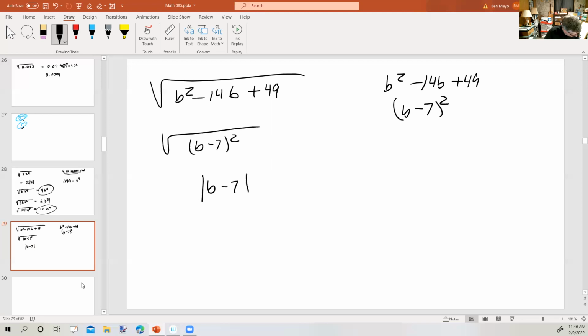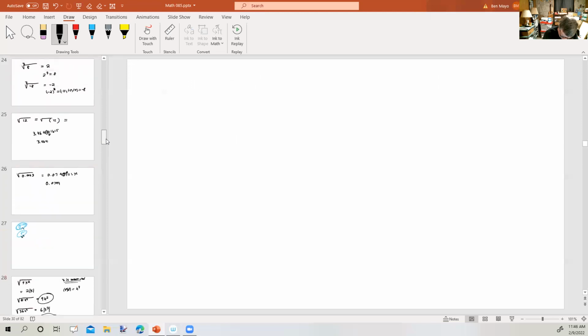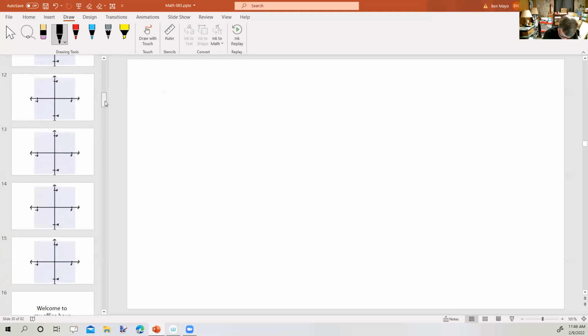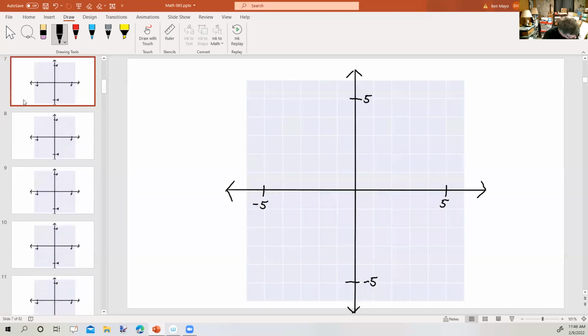Let's see here. How about this one? Go back up here. Graph, and it says, complete each table and then graph the function. It says f of x equals the square root of x.